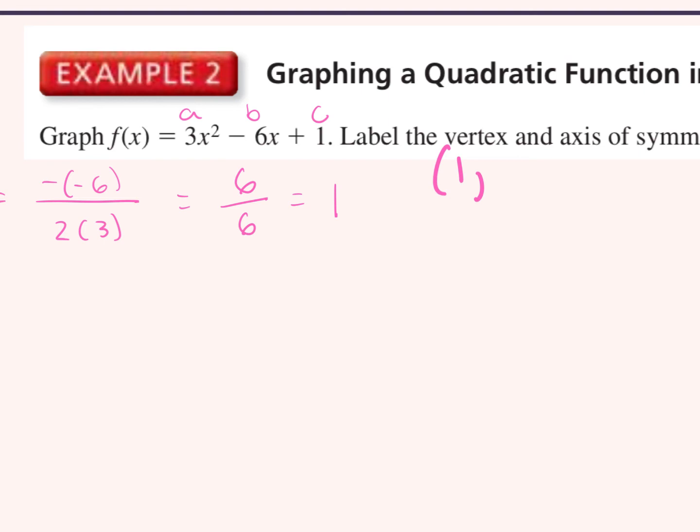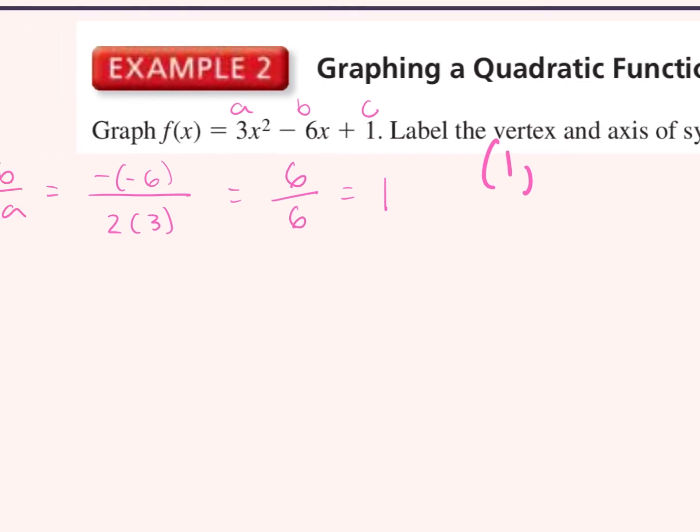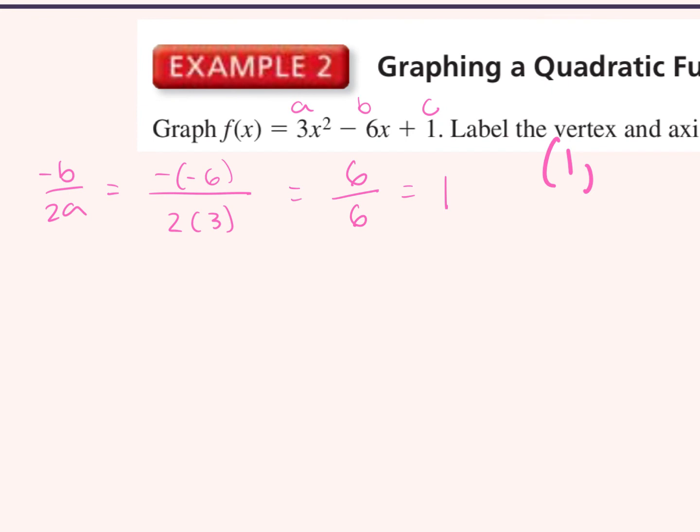How do I find the k? Plug in 1. So I plug in 1 into all the x's. So I have 3 times 1 squared minus 6 times 1 plus 1.